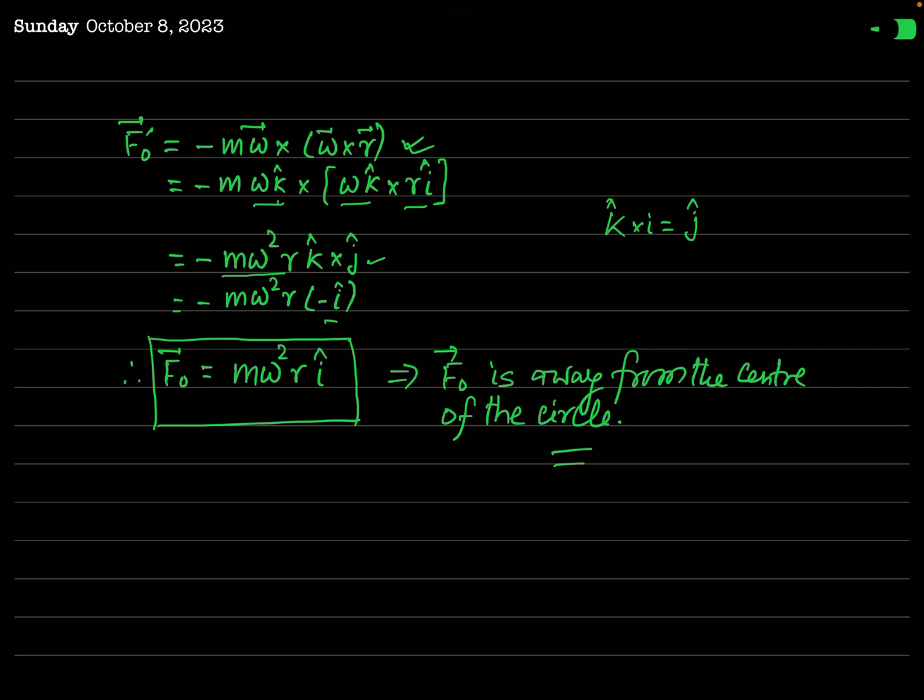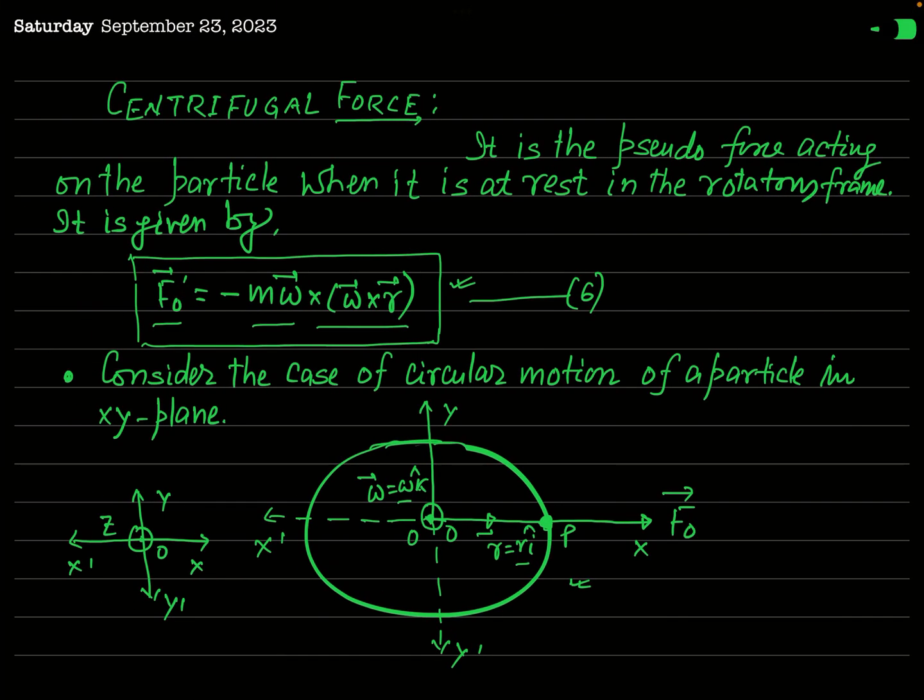So this minus minus will become plus, and F naught dashed, which represents the centrifugal force acting on a particle moving along a circle of radius r, is equal to m omega square r i hat. And you can see i is from O to P. i unit vector is along the positive x-axis. So this centrifugal force acts on our particle away from the center of the circle.